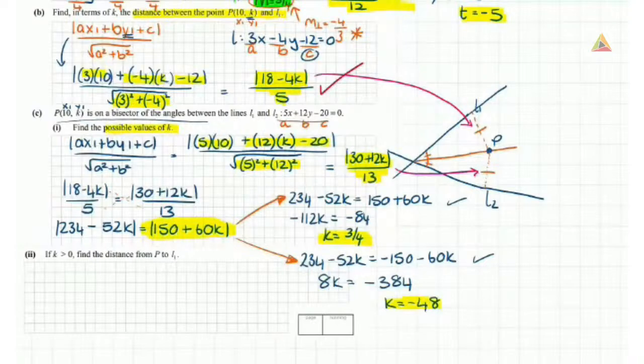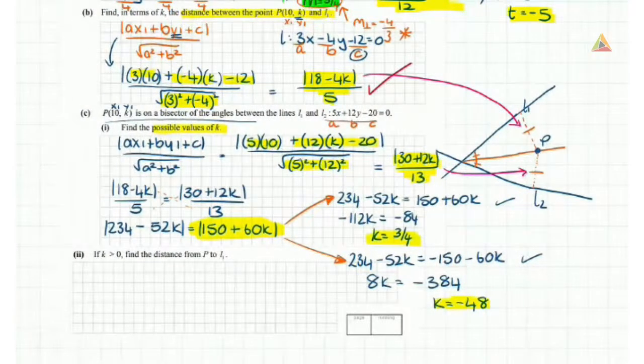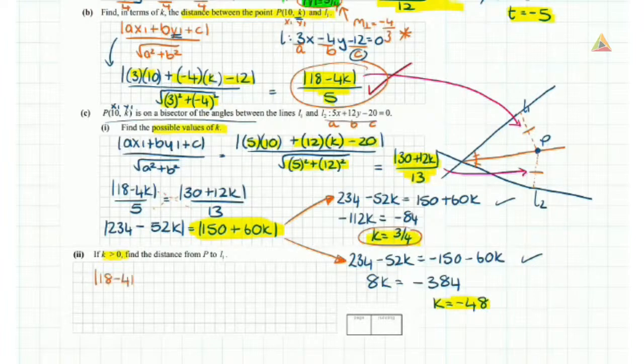And the last part then, if k is a positive number, so let's look at our positive value of k. It was this one here. Find the distance from P to L1. So let's remind ourselves of the distance from P to L1. That was this answer here from part B. It was the absolute value of 18 minus 4k on top with 5 on the bottom.